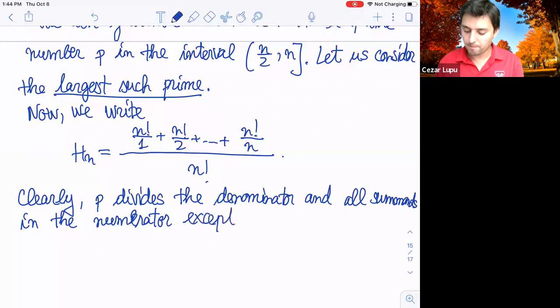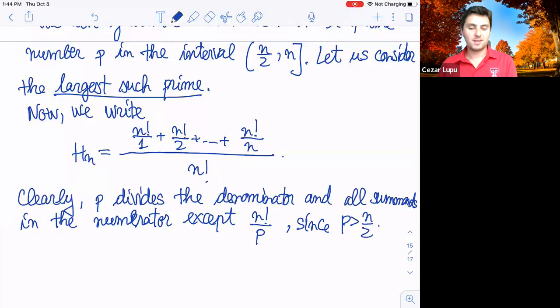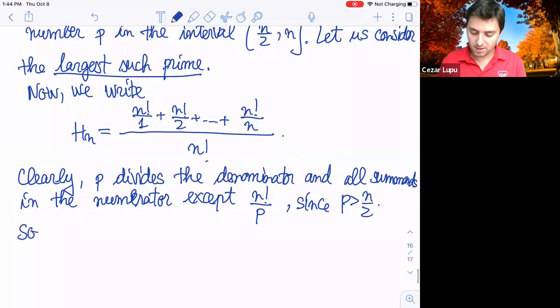And that would be what? N factorial over P, since P is greater than n over 2. And that's it. So Hn cannot be an integer. All right, and that's it.